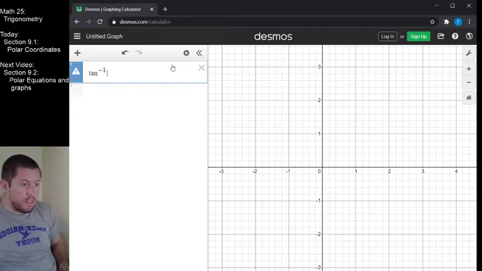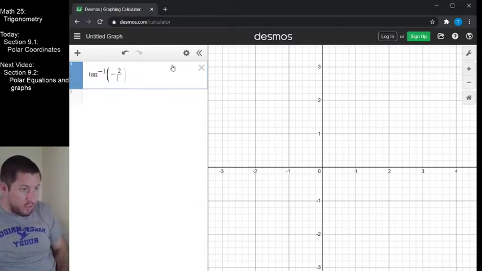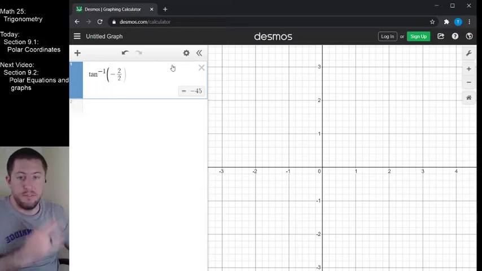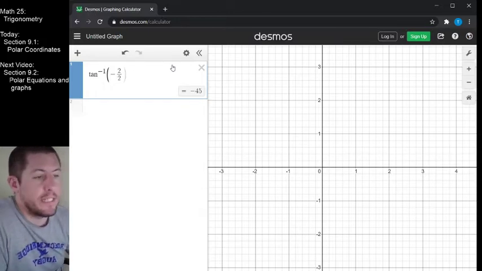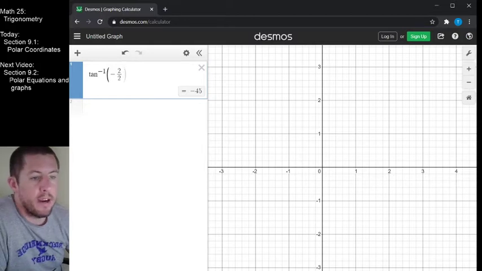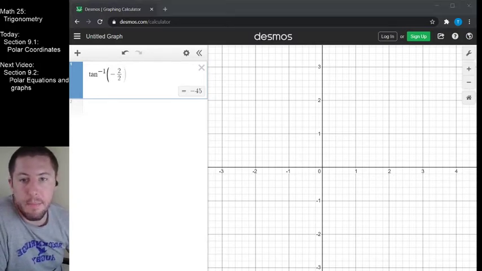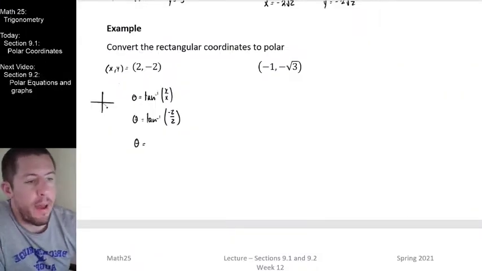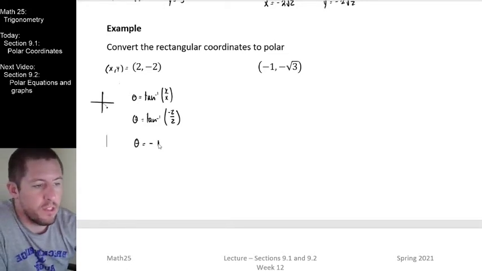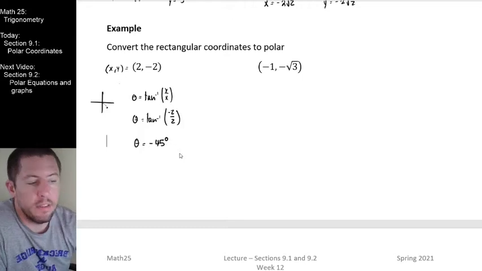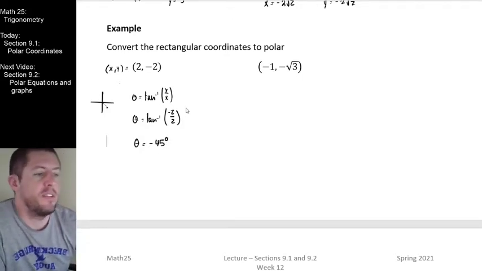Tangent inverse of negative 2 over 2, and unsurprisingly I got negative 45 degrees, exactly like I expected. That totally matches the picture I drew a second ago. That point has been rotated negative 45 degrees from our starting spot, so I'm okay with that being listed as negative 45 degrees.